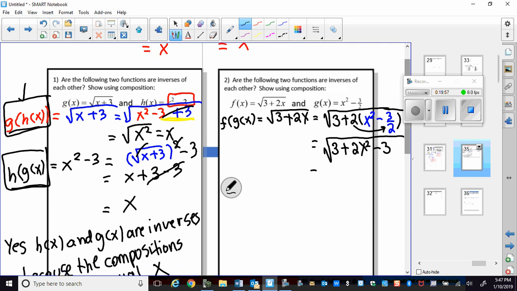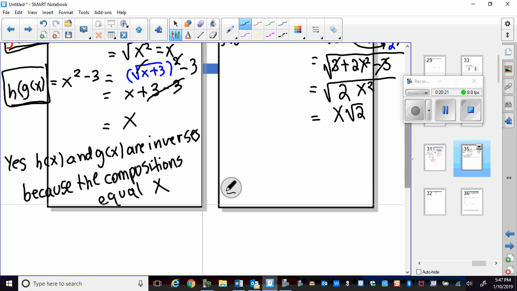Now equals the square root of 3 minus 3 cancels. I'm left with 2x squared. This equals, if I take the square root of 2, it's just square root of 2. If I take the square root of x squared, it's x. This does not equal x. This first composition does not equal x. So I don't have to do the second composition.